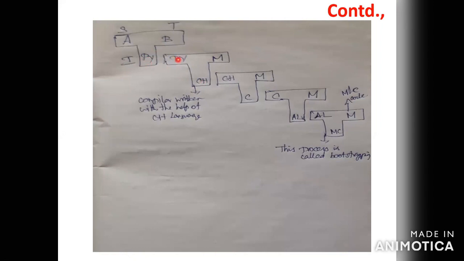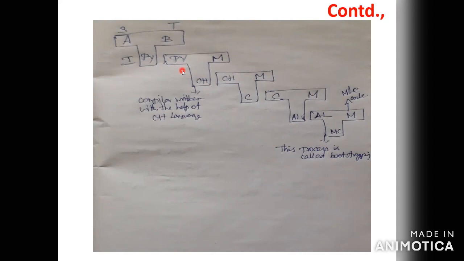Is it clear? Python is the source language, but the CPU does not understand Python; it understands machine code. So what will we do? I change the compiler with the help of the C++ language. Since the CPU does not understand Python, I create one more compiler.